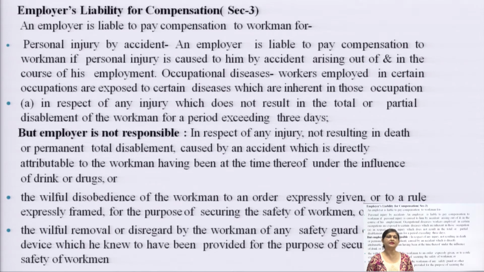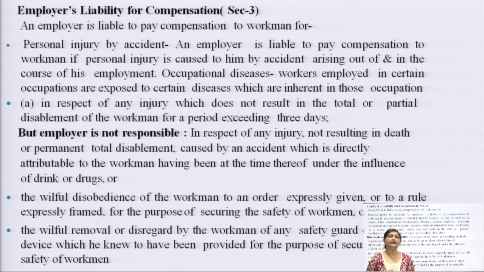So, in what cases is the employer not responsible? This section says: in respect of any injury not resulting in death or permanent total disablement caused by an accident which is directly attributable to the workman having been at the time thereof under the influence of drink or drugs. This is again an important issue in the Workmen's Compensation Act.